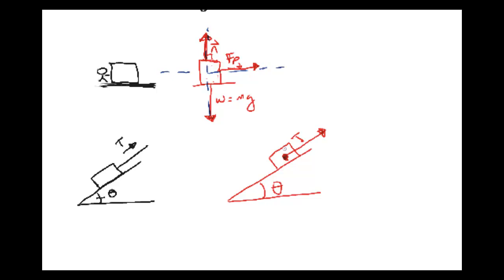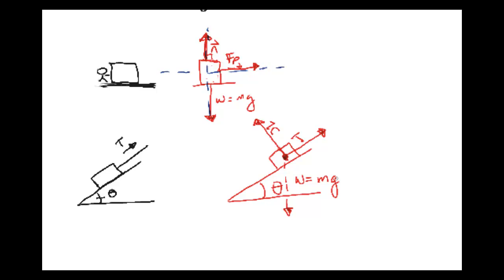Then there is a contact with a surface, right? So there's a normal force exerted straight up. Then there's a weight going straight down. Whatever the mass of the box times gravity is would be the weight.